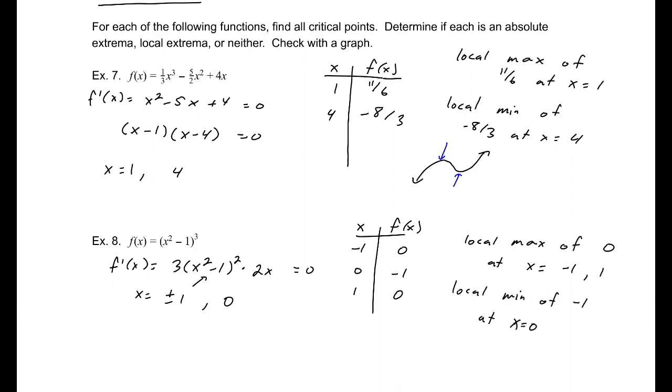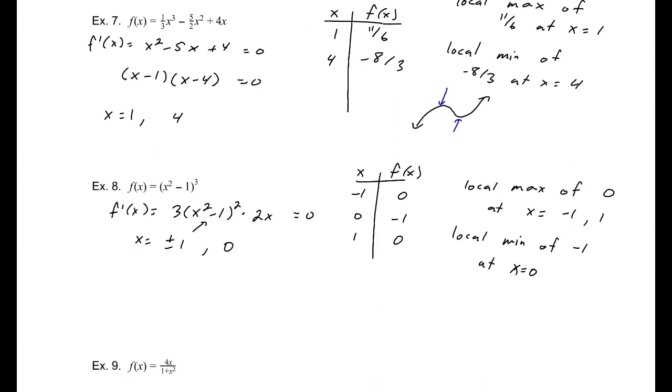All right, now what this function looks like is something like this, which I knew in advance. So I've obviously got a minimum at 0, that was this right here. So this actually is an absolute minimum.